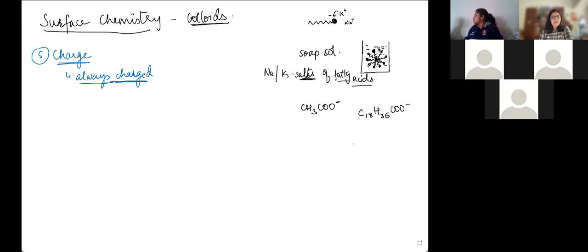So if I look at each soap micelle, what kind of charge will it have? If I take a ball of soap micelle, this is how it looks, right? Here is the fatty acid, here is the negative charge. So on a soap micelle, what sort of charge will I find?